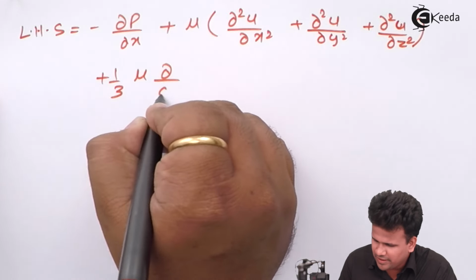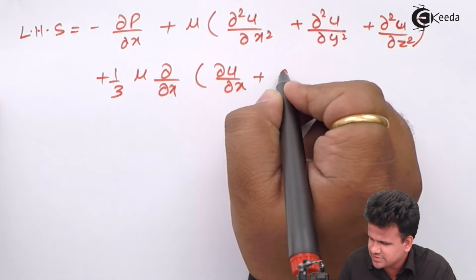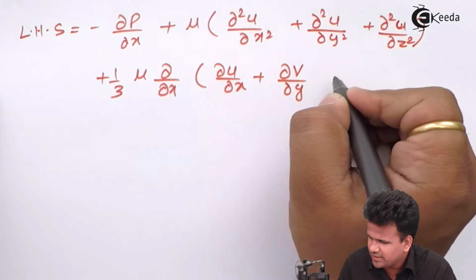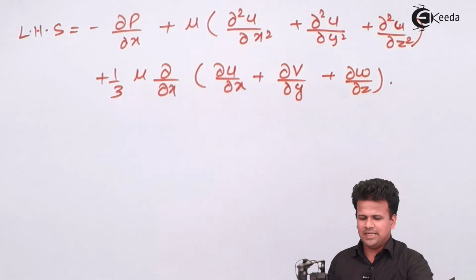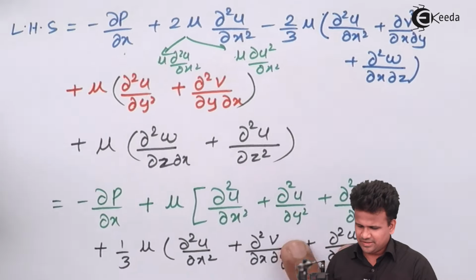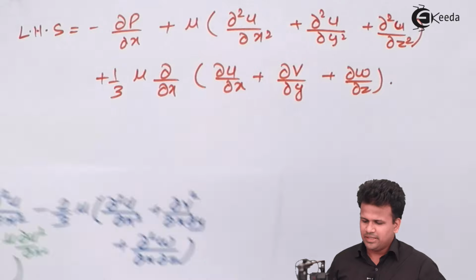Will take dou by dou x as common, so we'll get this as dou u by dou x, dou v by dou y plus dou w by dou z. So this is what is the left hand side. We have just taken dou by dou x common over here, and we have got this entire equation.